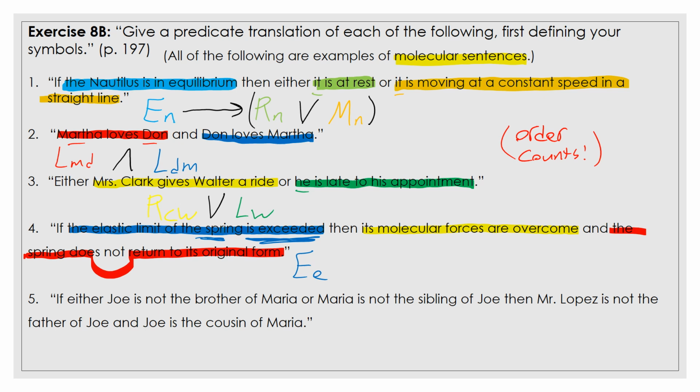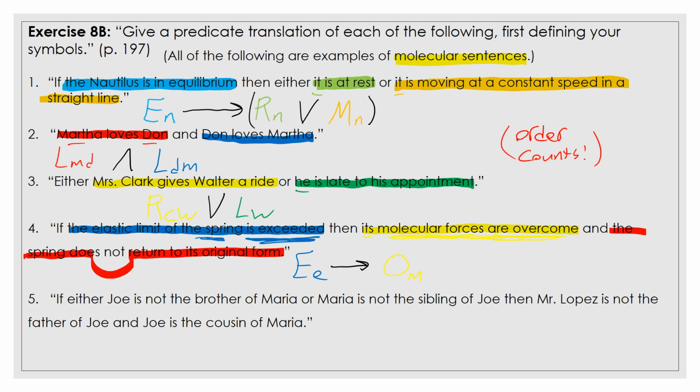Next we have our conditional, so we have the arrow. Its molecular forces are overcome. It's the predicate, so capital O, molecular forces, we can give that the name, so lowercase m. But once again, I can understand how we might want to combine molecular forces are overcome as the predicate and its referring to the spring. Once again, you know, it's an art form translating sometimes.